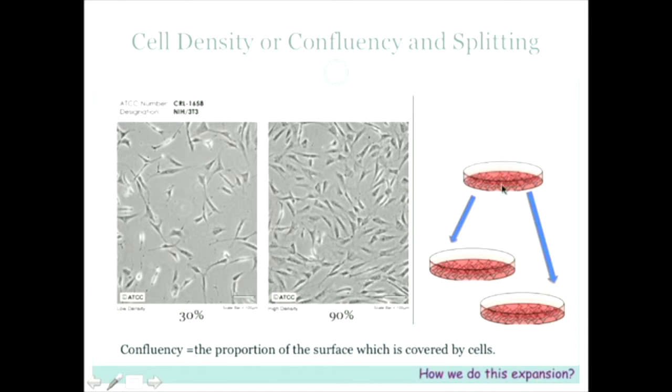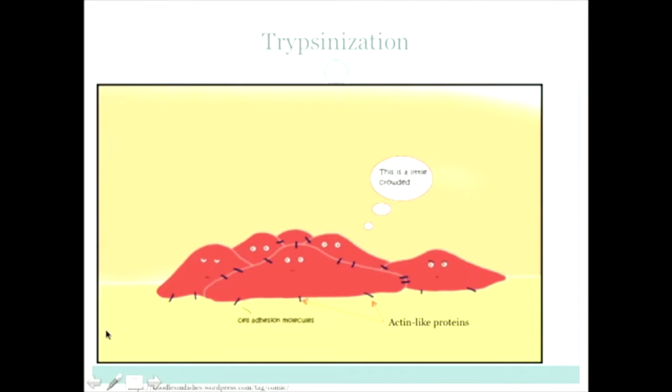For example, here is a dish with 100% of the surface covered by cells, so it means you have to split them. You disrupt the cells, dislodge them from the dish, and make 2 dishes or 3 dishes or 5 dishes. It depends on your cells. And how do we do that?